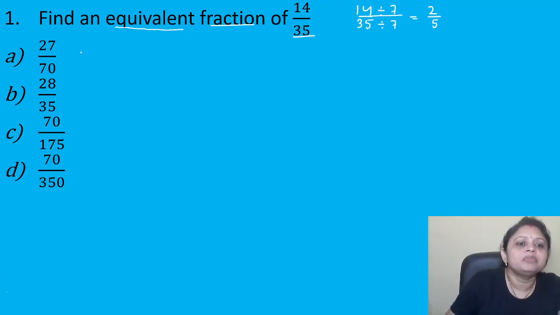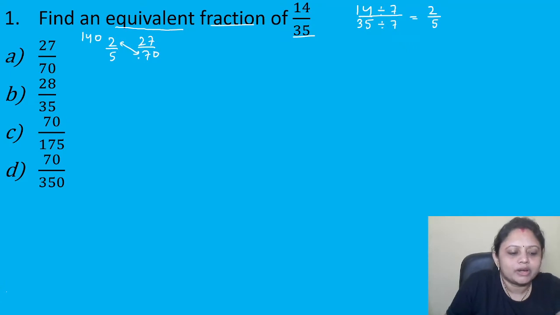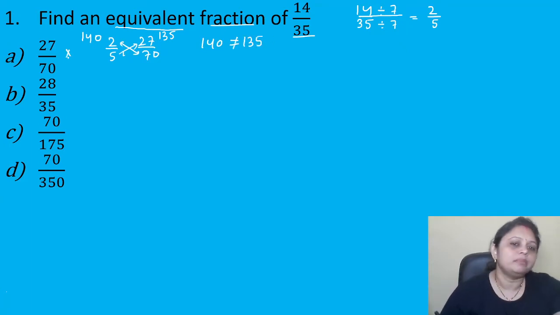We will cross multiply. 2 into 70 is 140 and 5 into 27 is 135. So 140 and 135 are not equal. That's why it will not be the answer.